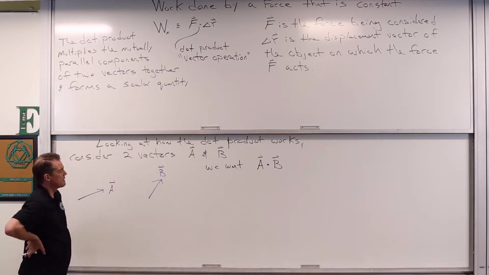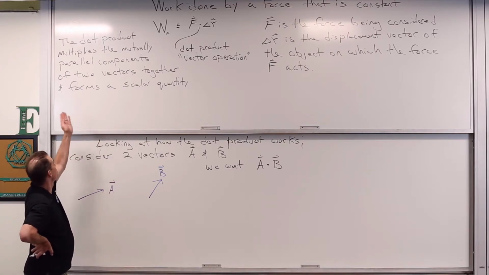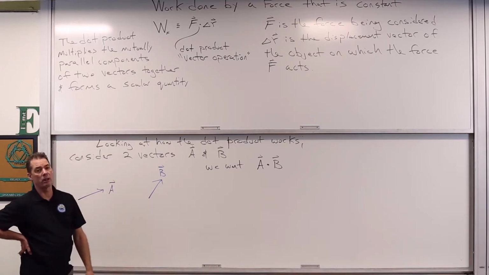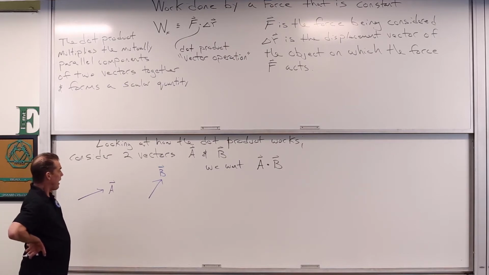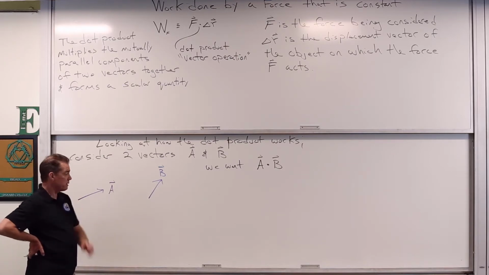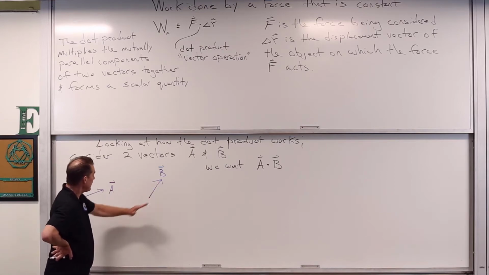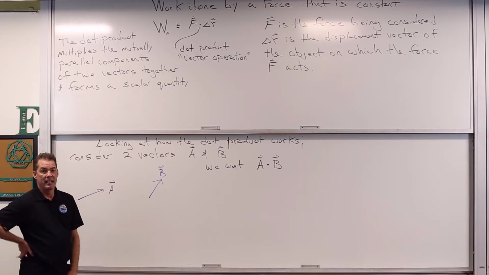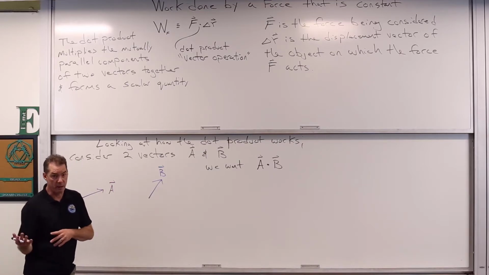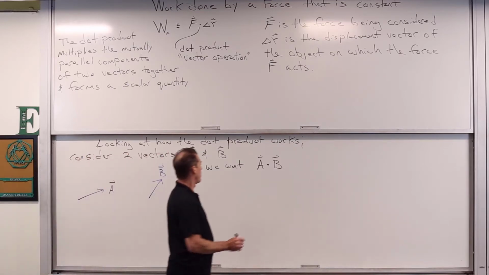So what is this dot product? Well, as was stated there, the dot product takes the mutually parallel components of two vectors and multiplies them together. So what we got to figure out is either one of two things, either the component of B that is parallel to A, or the component of A that is parallel to B, and then multiply that component with the other vector.